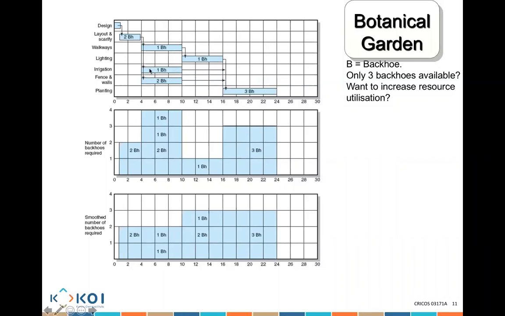But if you delay this, you will be using 1 person, 2 persons here, and 2 persons, 3 persons here. So you'll be using 2, 3, 2, 3. But if you delay this one, you'll be using 2, 2, 3, 3.